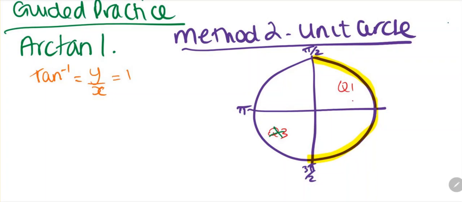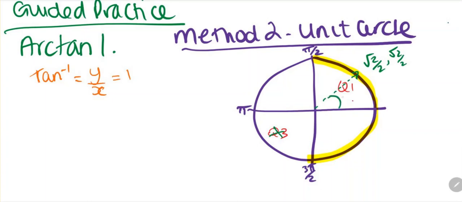So y divided by x was equal to 1. We're going to have this here when we have a value of root 2 over 2, comma root 2 over 2. So when we divide those, we're going to have an answer of 1.